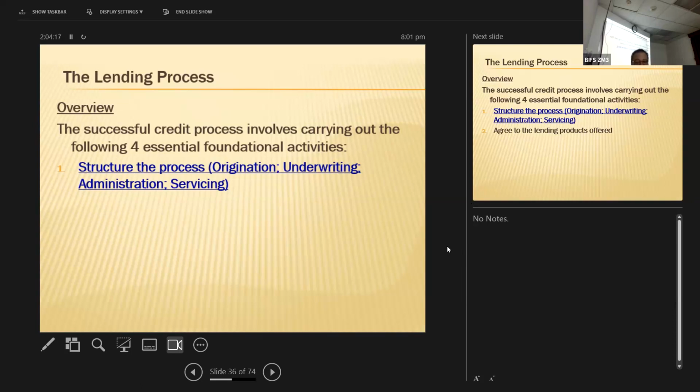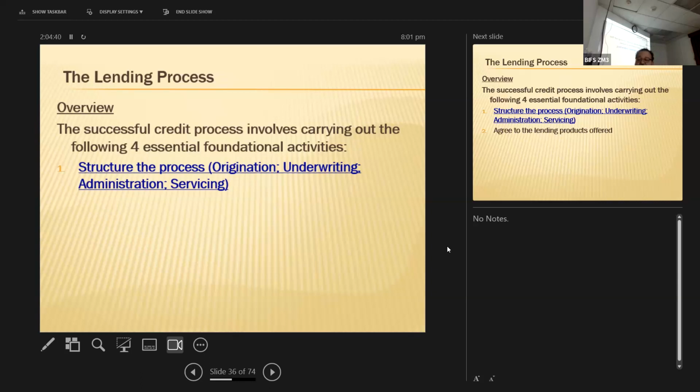Once the loan is booked, more importantly, administration is important for the functioning of the loan and also for the safekeeping of the documents and stuff. And then, of course, loan servicing. And we'll talk about each of those in a little bit.